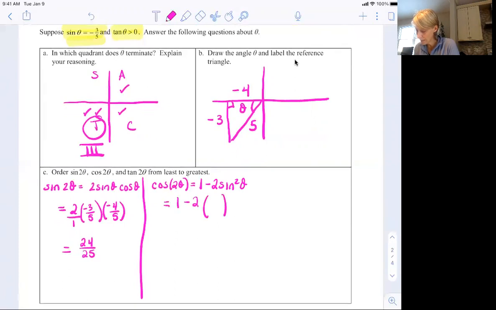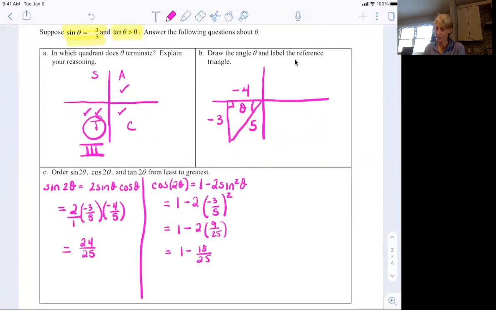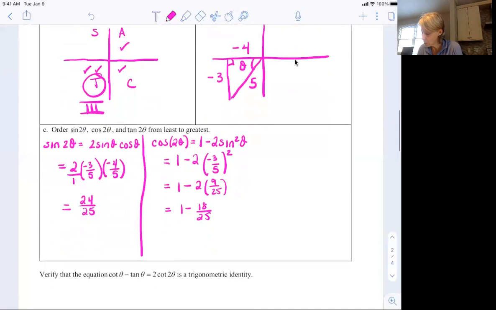I'm going to set up my sine function and square it. Just work out the math now. 1 minus 2 times -3 squared. So I have 9 over 25, which is 1 minus 18 over 25. And my overall answer, 25 minus 18, is 7 over 25.